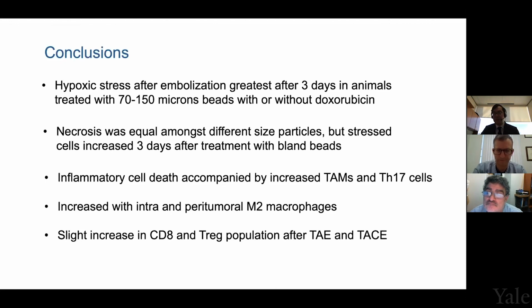If we are proving that embolization, especially with larger beads, can cause significant hypoxia throughout a large area of the tumor and surrounding liver, that could obviously hinder some of the more beneficial effects. Then maybe if we use a liquid embolic such as Lipiodol, we could lessen some of that immunosuppressive reaction and hopefully enhance the outcomes.